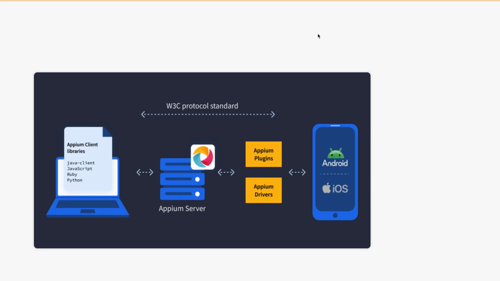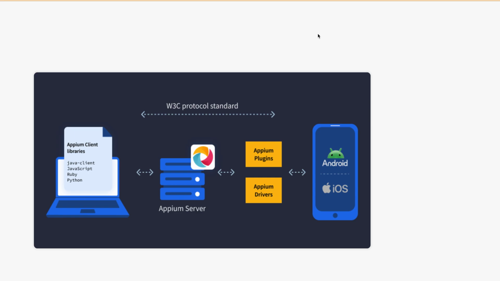So basically, Appium works as a client-server architecture. Here, the client is our libraries or our system, which sends the instruction with the help of the Appium server to get the response from the devices and get it on our client side, like on our desktop.